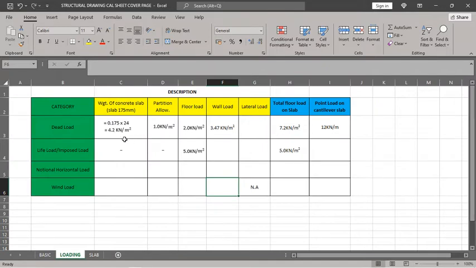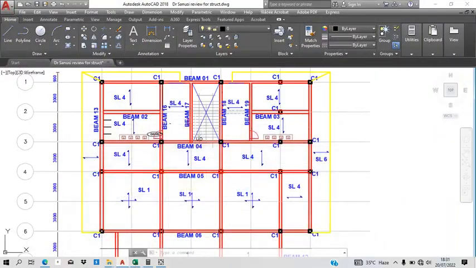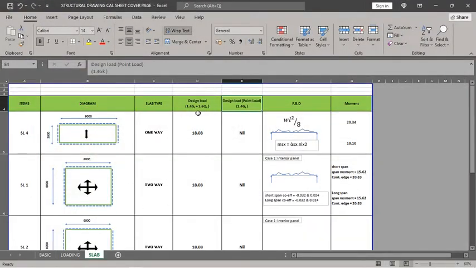Computing using the dead load and the imposed floor load, which is gotten from the code, and that's how we arrive at this design load.